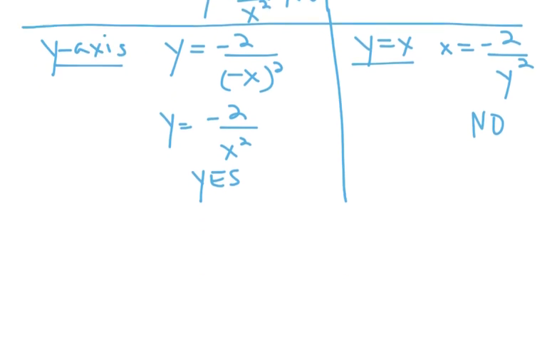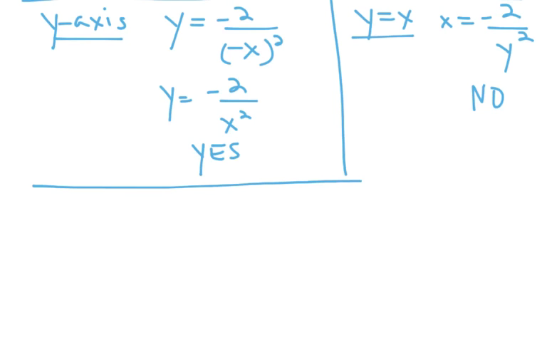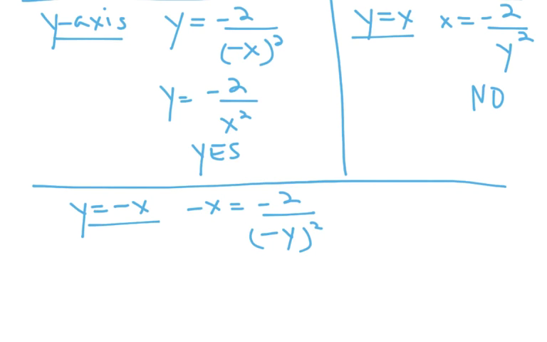And a lot of times what happens is if y equals x doesn't work, y equals negative x probably also doesn't work, because in this case, y is still squared, but I want x to be squared. So even if I simplify it, it's still not the same equation I started with. So it turns out that this equation is only symmetric over the y-axis.